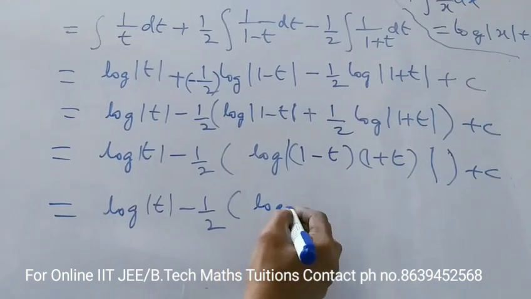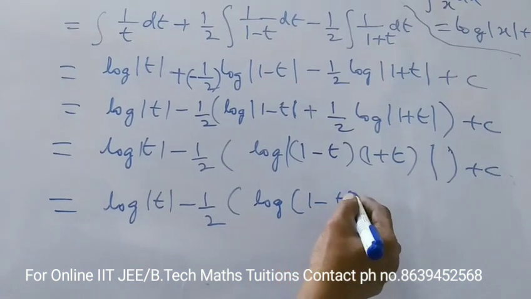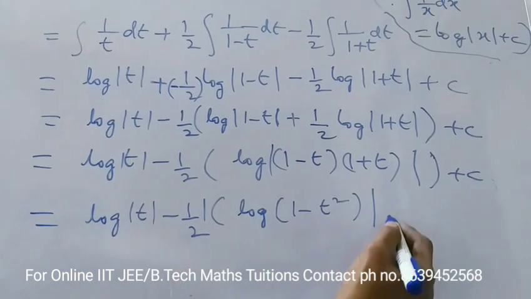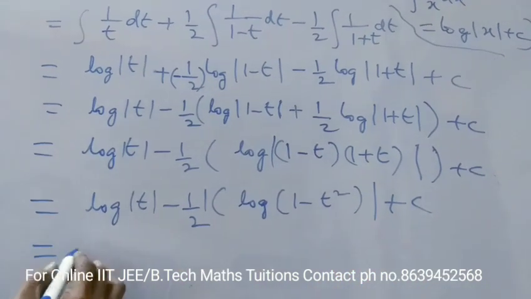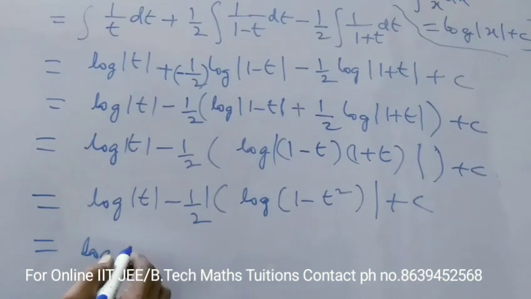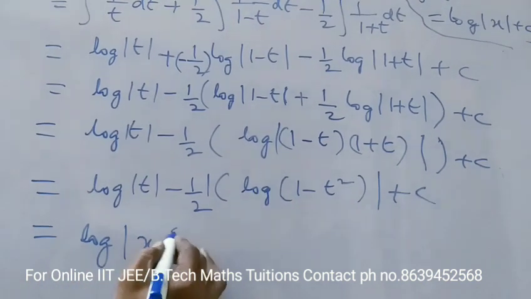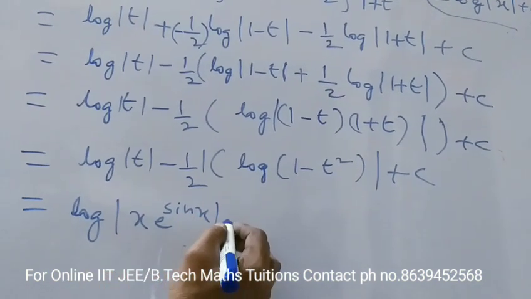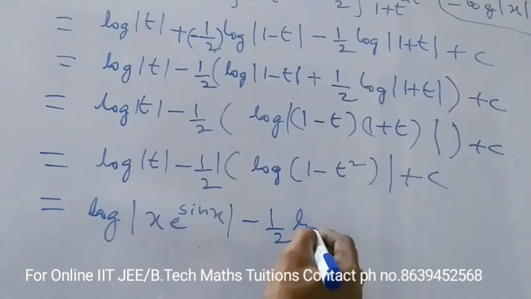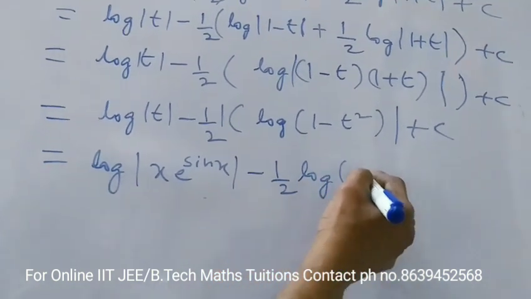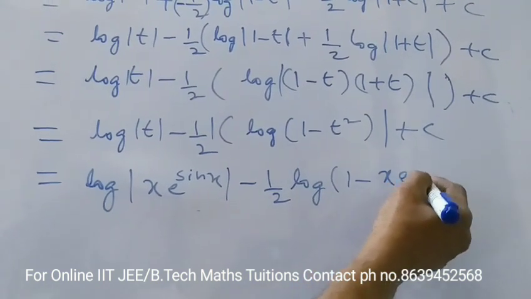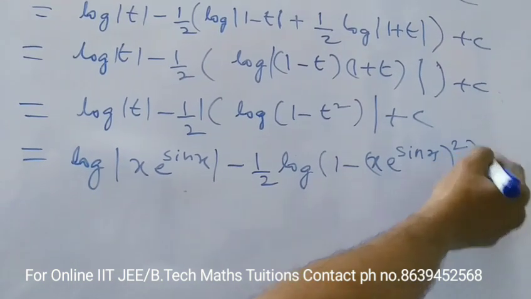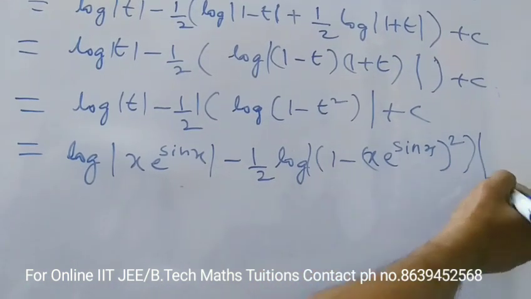That means log of 1 minus t square modulus plus c. Putting the t value, c is equal to log modulus x into e to the power of sin x minus 1 by 2 log modulus 1 minus x into e to the power of sin x whole square plus c.